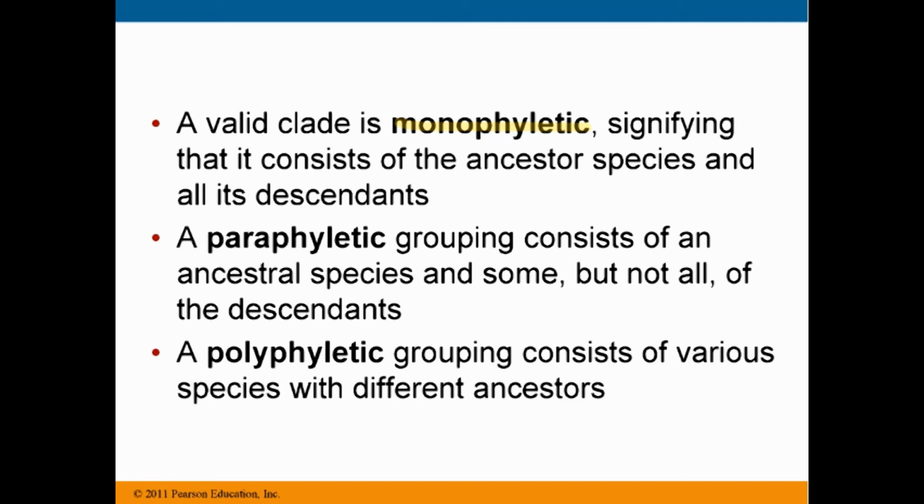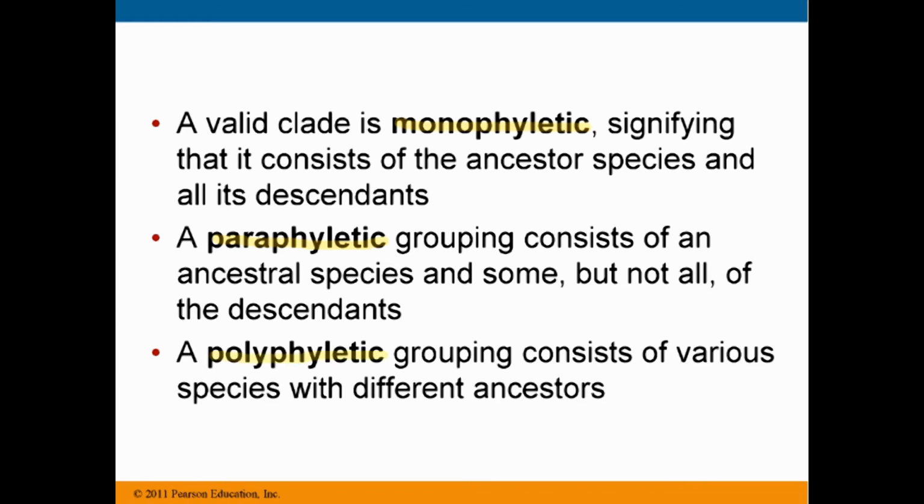So you've got the common ancestor and every organism that's come from that common ancestor. Monophyletic, back to that one common ancestor. Paraphyletic is a grouping that consists of an ancestral species, but just some of its descendants. Okay, so you're not getting all of the descendants in the particular grouping, so it's not considered to be a valid clade if it's paraphyletic.